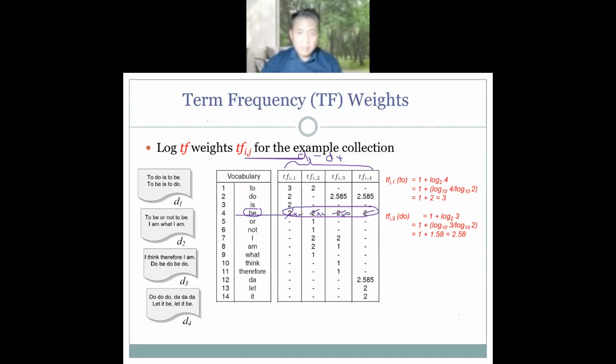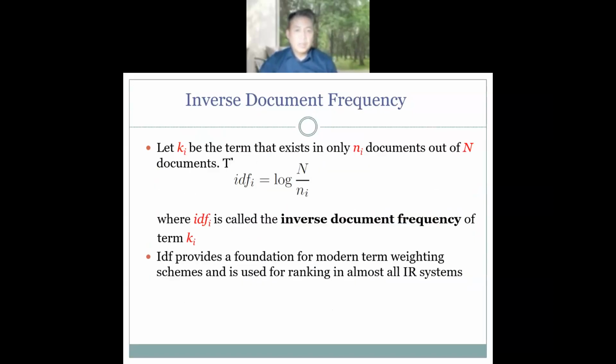But how do we get this number 0? That's why we have the IDF. Let keyword i be the term that exists in n_i documents out of n documents. So the IDF can be calculated as this, which is log 2.